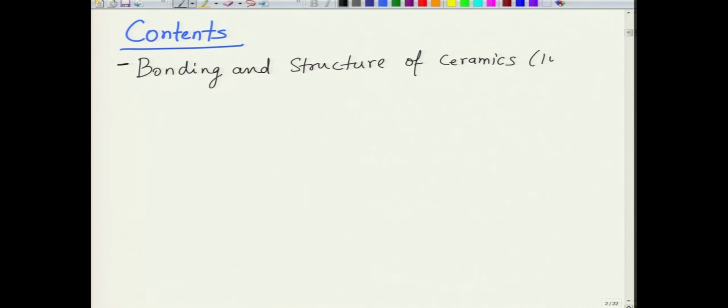So this will go for about 1 week. We will not touch too much about bonding and crystallography. We will just straight away jump to the structure of ceramic materials, but we will have some primer on what is bonding about and what is crystallography about, perhaps in today's lecture.